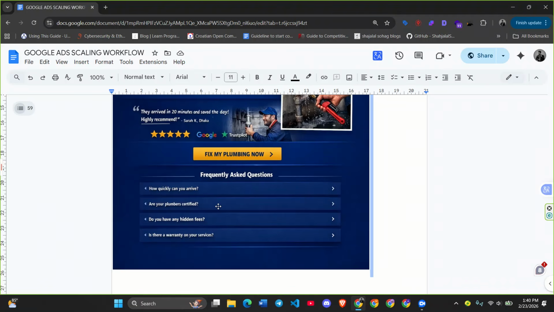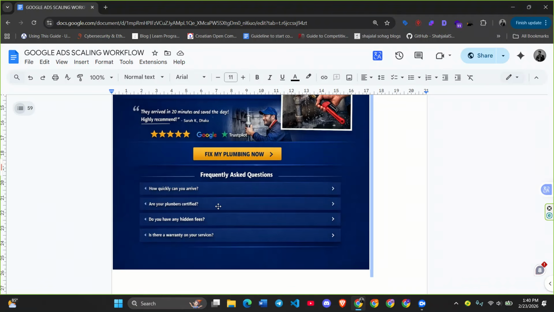So this section 7 is common landing page mistakes. What are the common mistakes of landing pages? Always avoid these mistakes: sending ads to the homepage, slow mobile speed, weak headline, too many CTAs, no trust proof, long boring text, hidden pricing, forms too long or complicated, not customer friendly, no above the fold CTA.